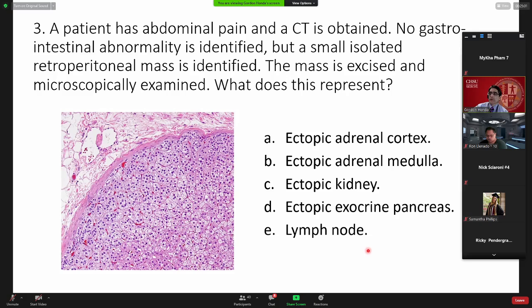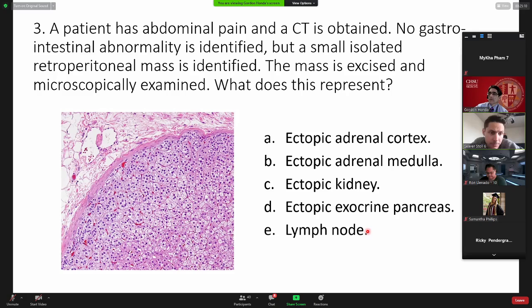Could it be a lymph node? Group 6, do you think this could be a lymph node? No, I don't think so. You don't think so? And why? I don't know. I feel like there would be more capillaries and stuff that are visible. Okay.